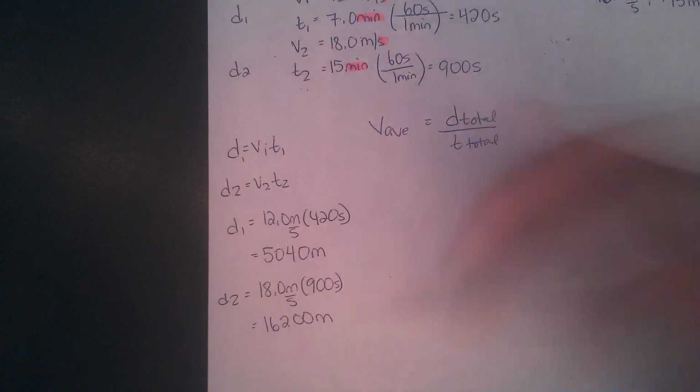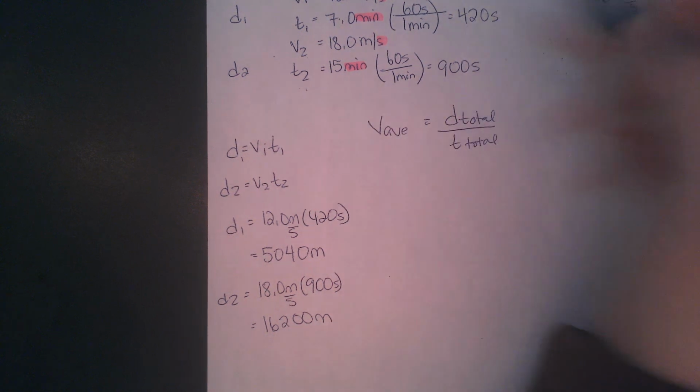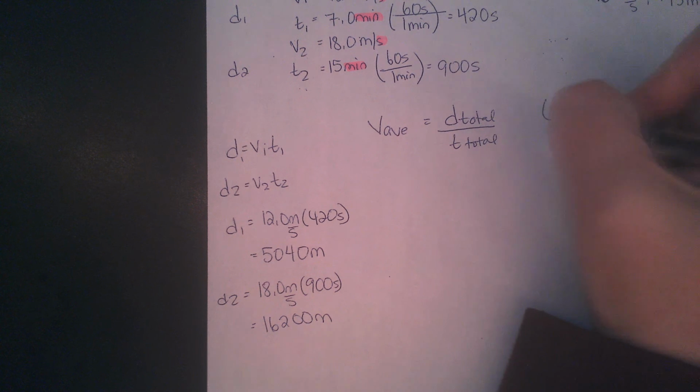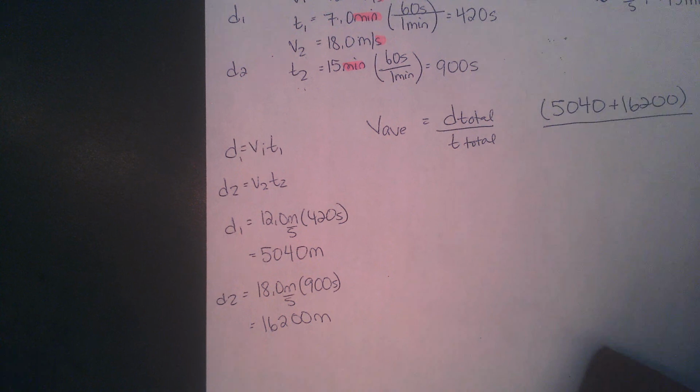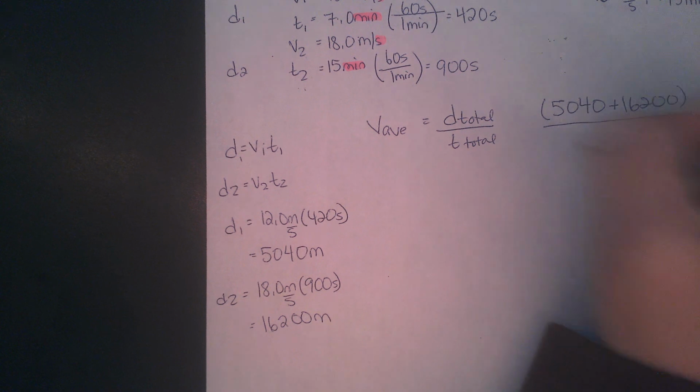Okay, now I can go back and figure out my speed, because I have my distances. Speed is scalar, so I'm just looking at the total distance that he covered and the total time that he covered it.